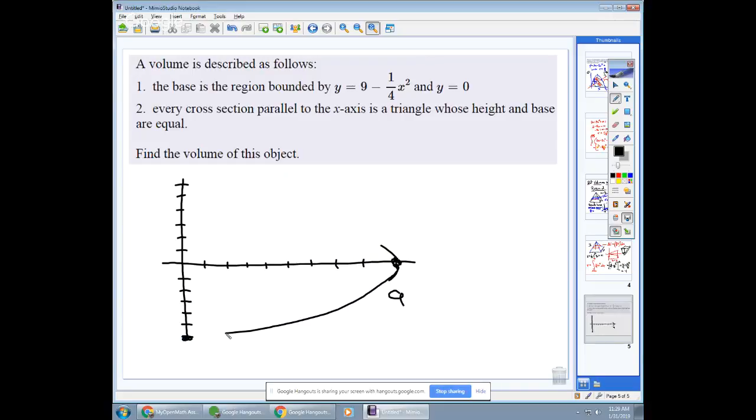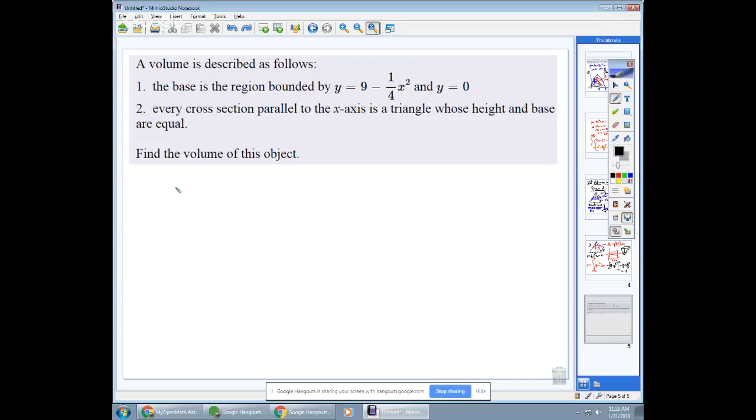So here's my parabola. Oh, you're drawing it sideways. Oh, that says y equals x squared. I thought it said x equals y squared. I was so confused. Sorry. I don't know what happened to my brain there.